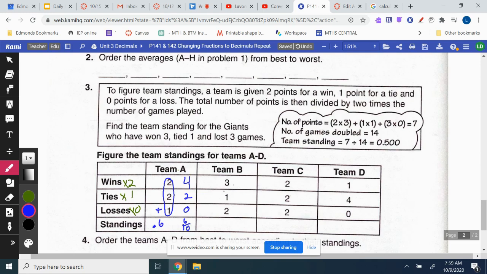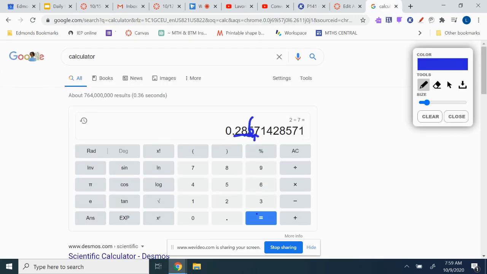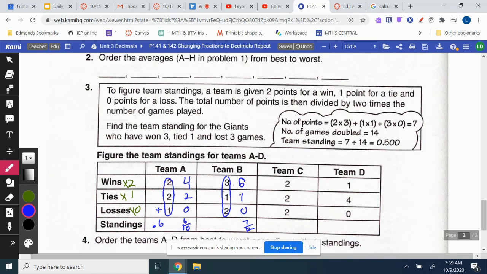Let's try that for team B. 3 times 2 is 6. 2 times 1 is 1. 2 times 0 is 0. I add that up, my top number is 7. When I add these numbers up, I get 6, and 6 times 2 is 12. Well, I'm going to go back to my calculator, and let's look at our fraction again. 7 out of 12.